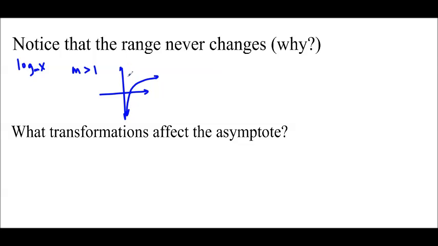It has an x-intercept of (1, 0), and if m is between 0 and 1, then it's actually going to open the other way. It's going to approach negative infinity really slowly in quadrant 4. And it has the same x-intercept at (1, 0). That's just if you have a fraction for your m.